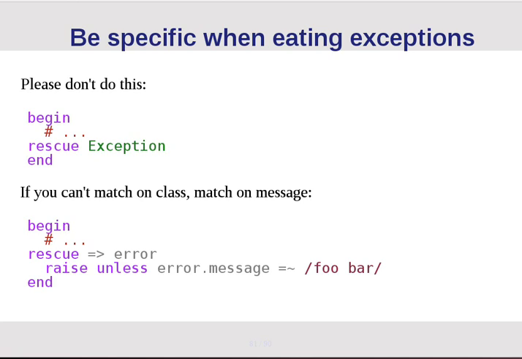Here's another little piece of advice. Be specific when eating exceptions. Every now and then you have an exception that you know you don't care about, and so you catch it and you throw it away. That's fine. But when you are excessively vague in specifying which exception you're catching and throwing away, invariably you get some unexpected exception eaten and thrown away, something that you really did want to be propagated up the chain, and somebody beats their head against the wall for a while trying to figure out what's going wrong with the code because they don't realize an exception is being thrown away.